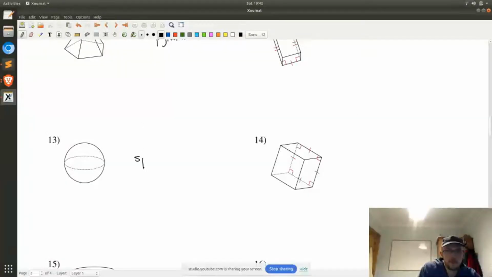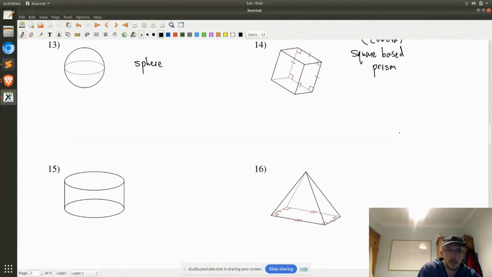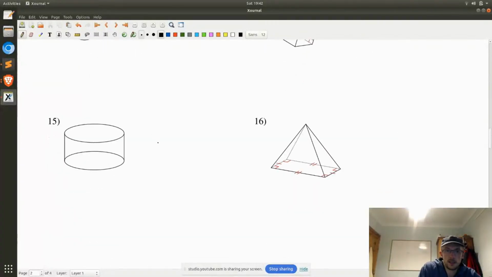Sphere, square-based prism, which is also a kind of cuboid, and a cylinder, and finally rectangle-based pyramid.